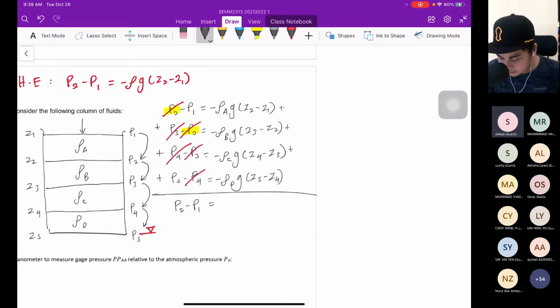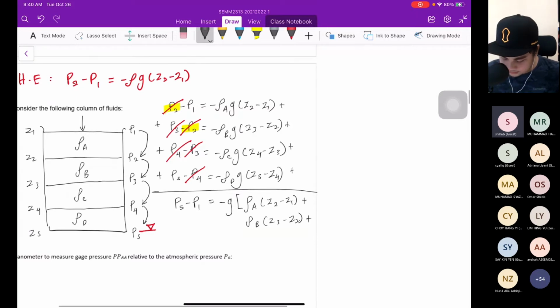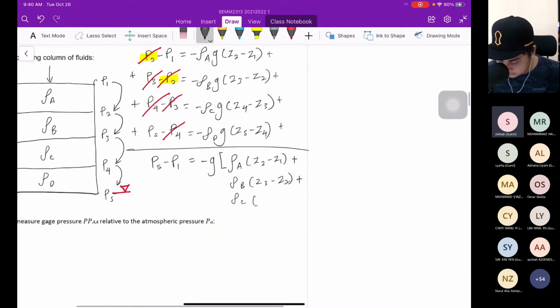So let's factorize negative G outside and put the rho A, Z2 minus Z1, plus, since we factorize here, this becomes plus rho B, Z3 minus Z2, plus rho C, Z4 minus Z3, plus rho D, Z5 minus Z4.